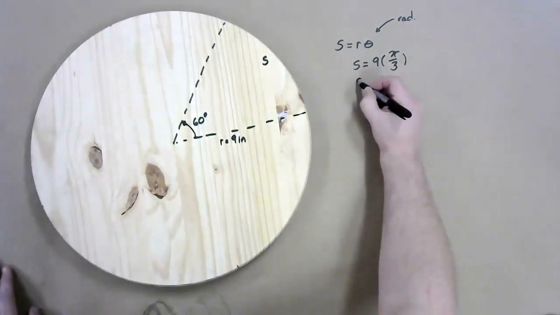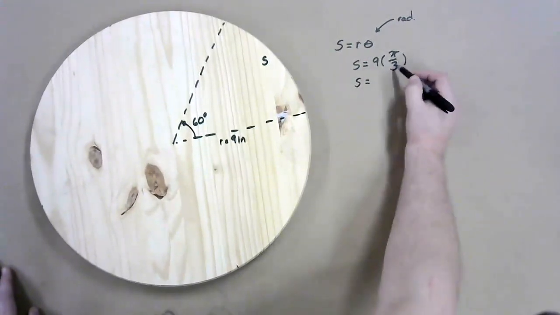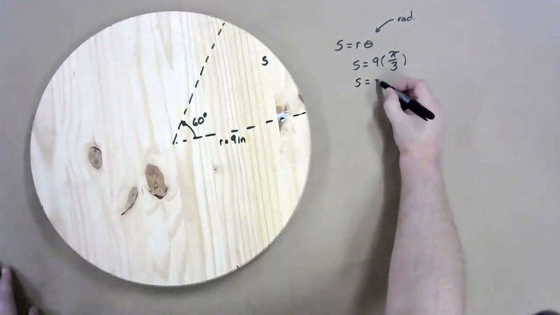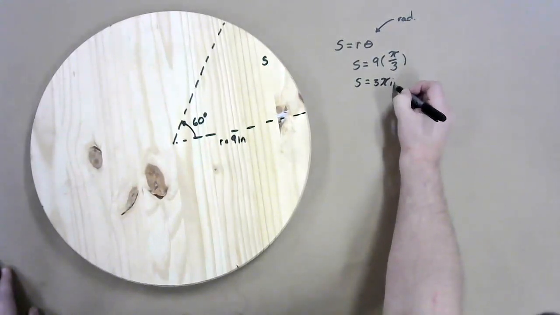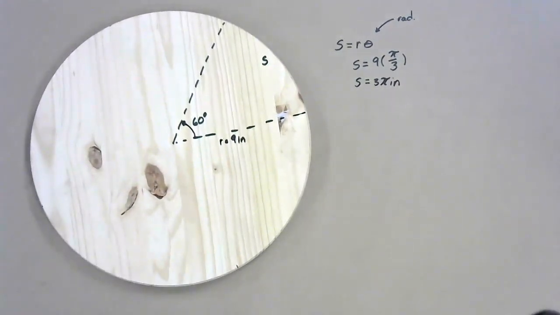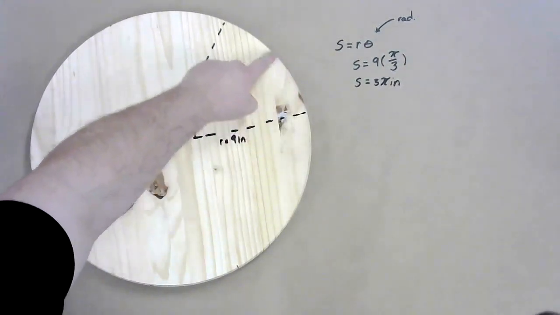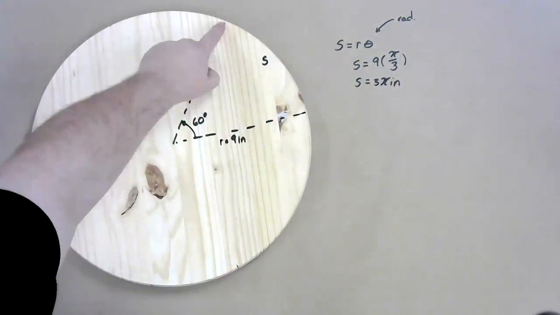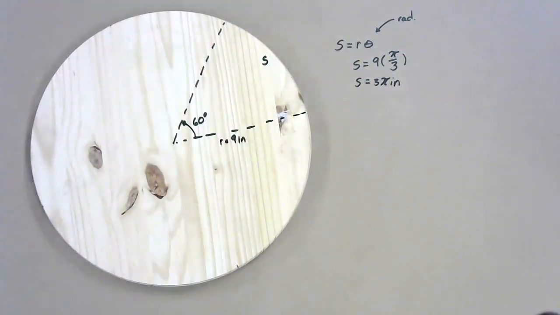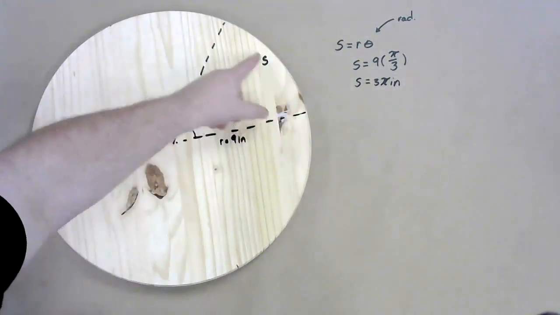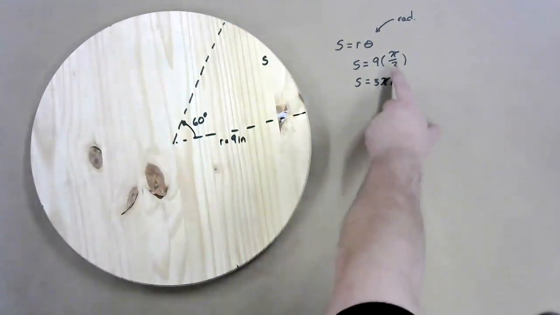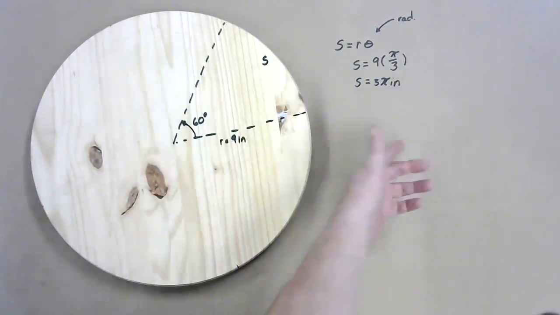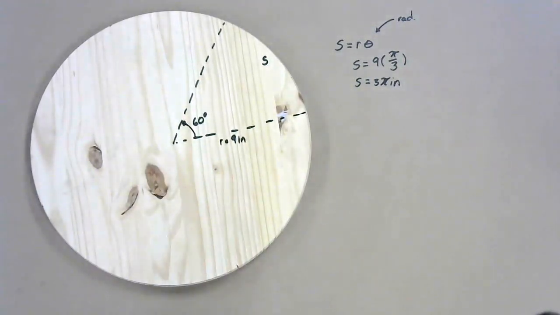So divide those 3's out, and you get a nice exact answer of 3 pi inches, which is a little more than 9. So this length here would be a little bit more than 9. And if you remember our discussion on radians, if it was exactly 9, that would be 1 radian. Pi over 3 is a little bit more than 1 radian. So it should make sense that that's a little bit more than 9.